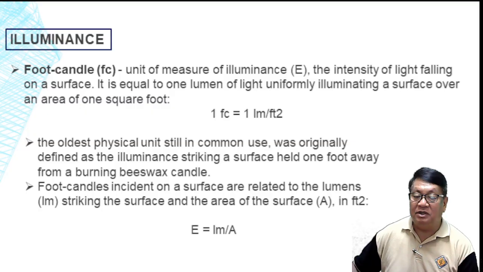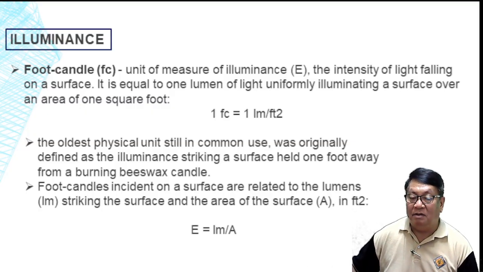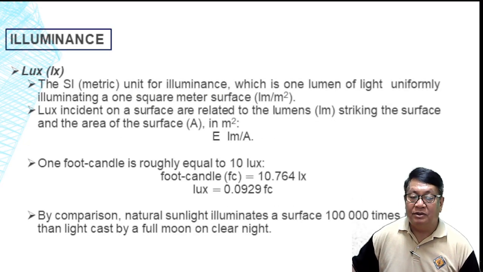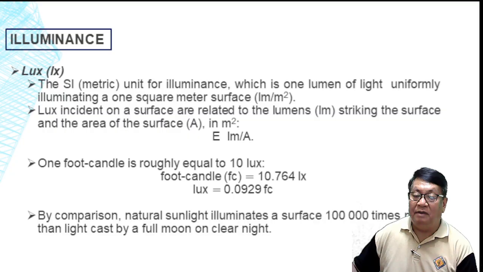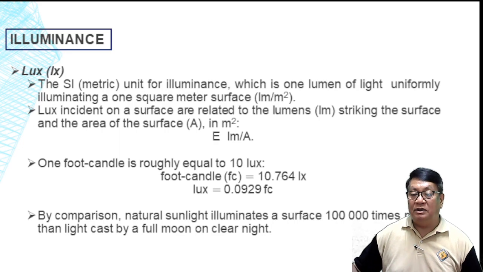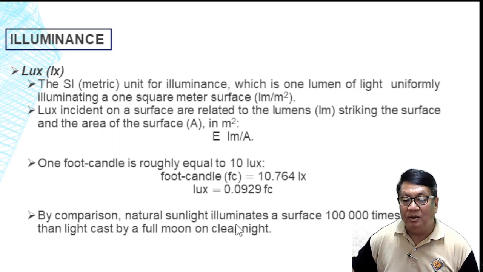This is the oldest physical unit. Okay, so that is all about the illuminance. We have also the lux, no? This is the SI unit, okay, for illuminance, which is 1 lumen of uniform illuminance on 1 square meter surface. Okay, so we have this example here.